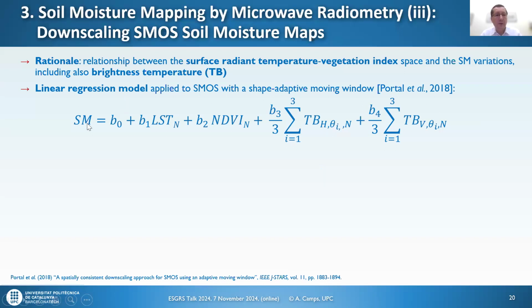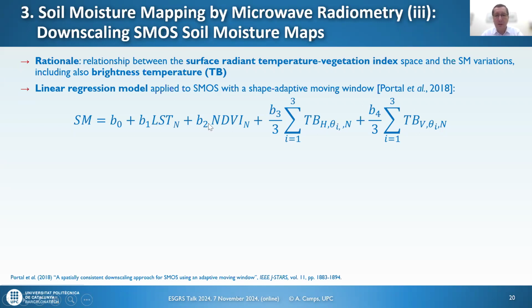So what we have is that we set a linear regression model at the beginning with soil moisture as a function of the LST and the NDVI, because we see that NDVI and the land surface temperature were used as proxies for the soil moisture, we want to bring this information back into the soil moisture. Why?